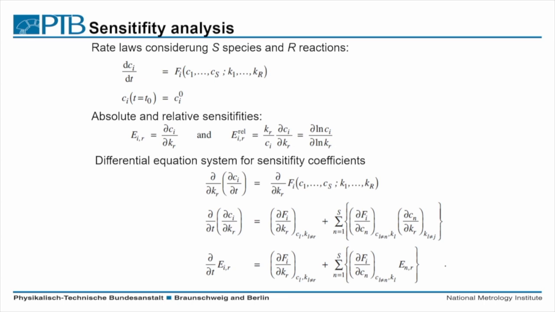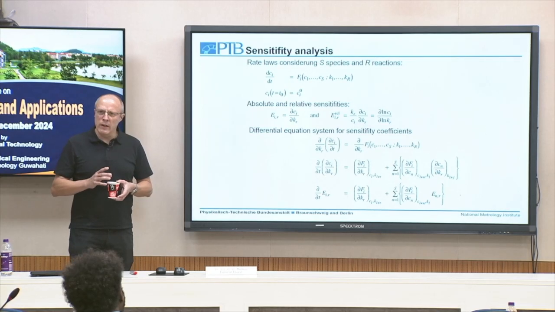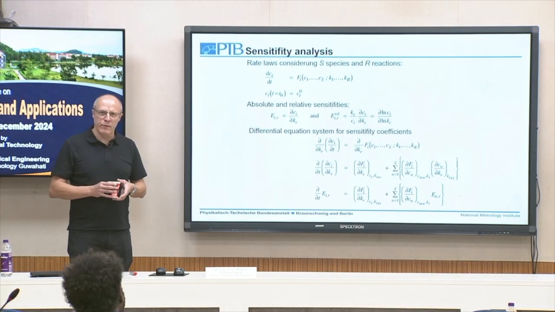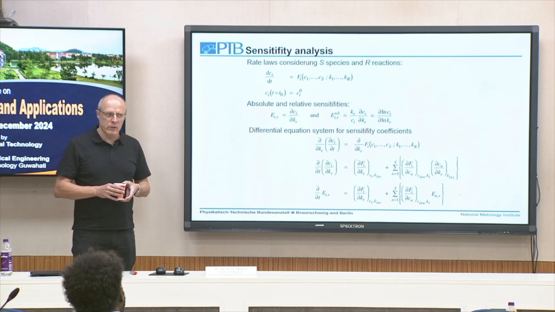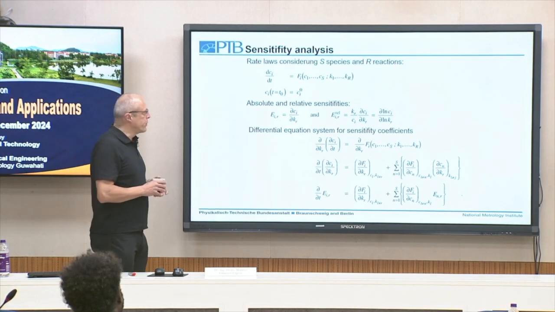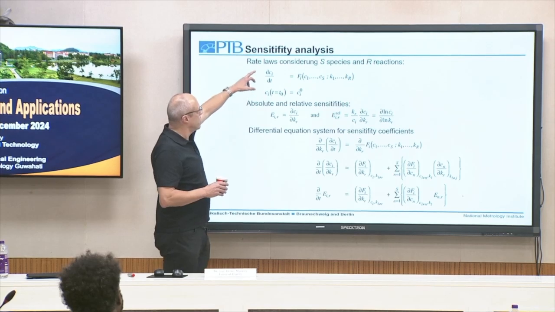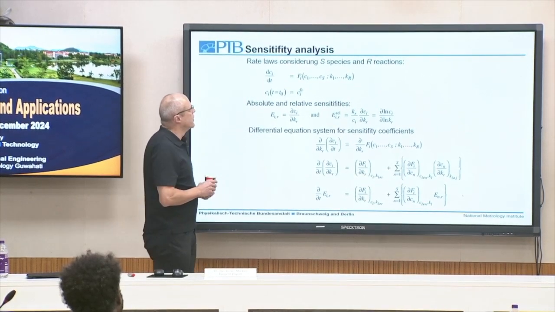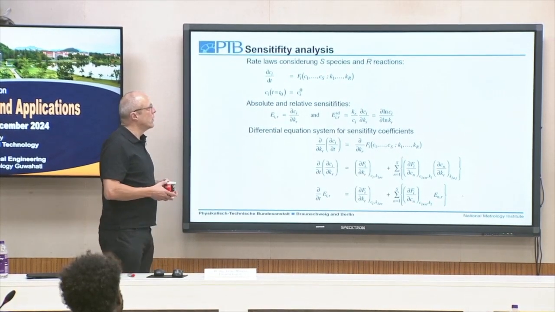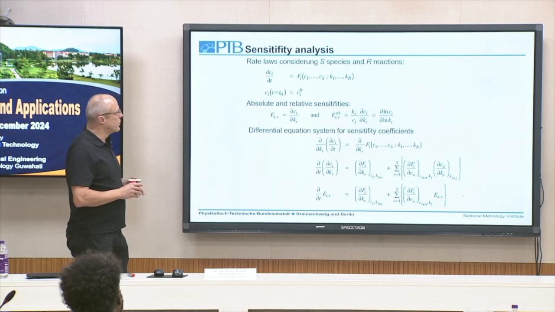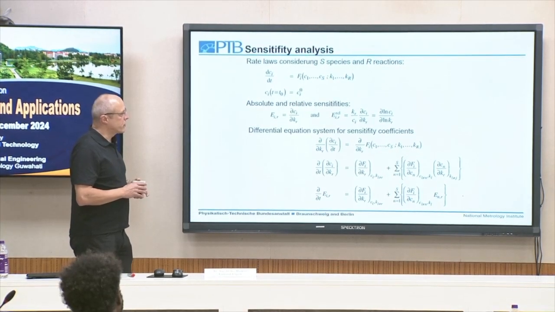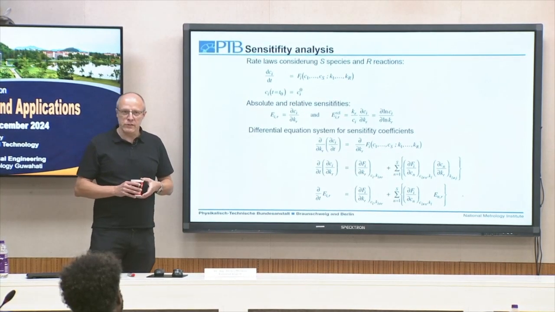So what can we do to analyze the reaction mechanism we have further? So one possibility is the so-called sensitivity analysis. So we have seen here our temporal change of each concentration as a function of time.